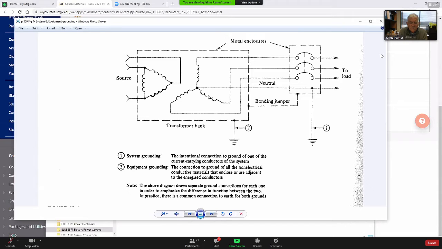They are not supposed to be electrified, but they enclose or are adjacent to the energized conductors. So those metal enclosures have to be grounded through the equipment grounding conductor. Okay, so this is the difference.